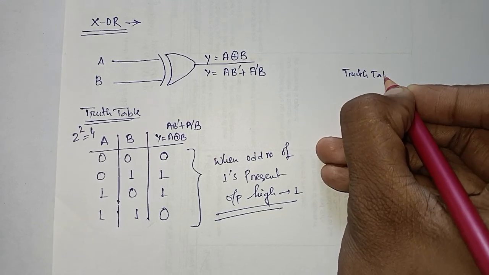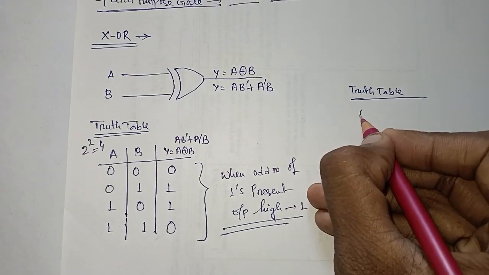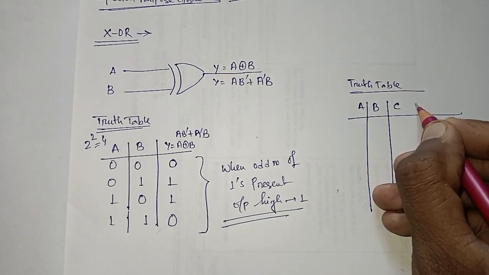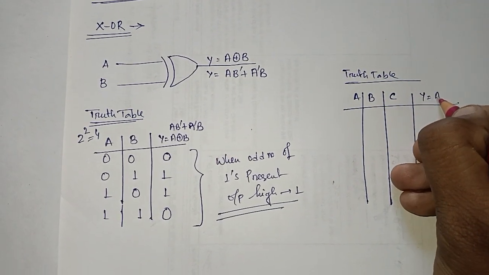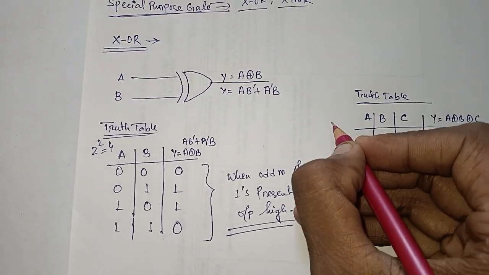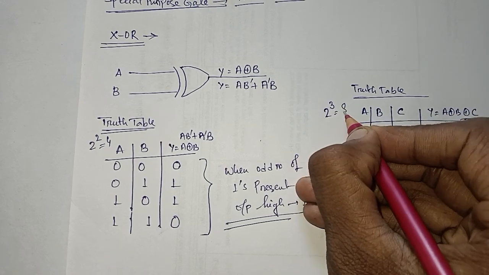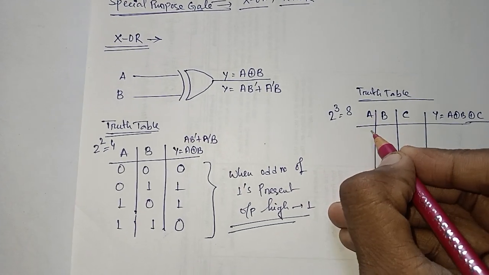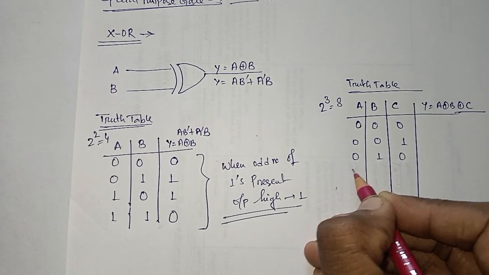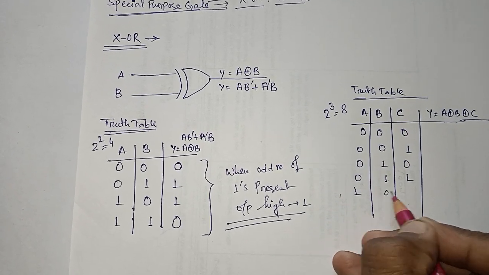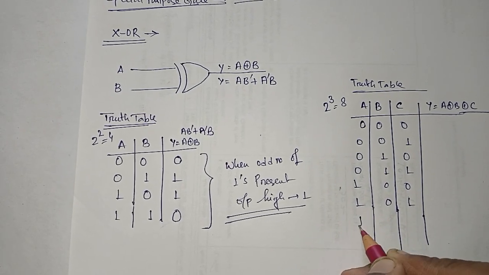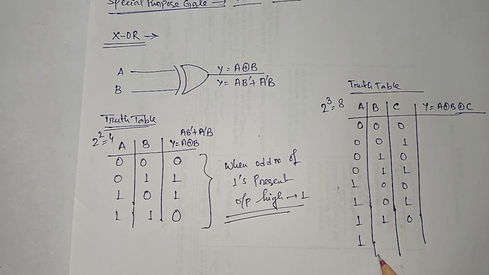If we apply the truth table for three input symbols, A, B and C, I can say Y is equal to A XOR B XOR C. For three input symbols, we have 2 to the power 3, meaning 8 combinations: 0 0 0, 0 0 1, 0 1 0, 0 1 1, 1 0 0, 1 0 1, 1 1 0 and the last 1 1 1.